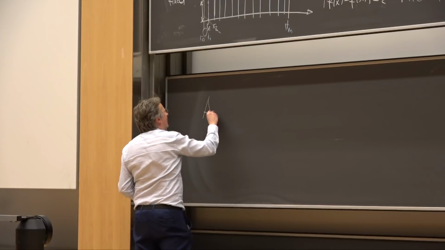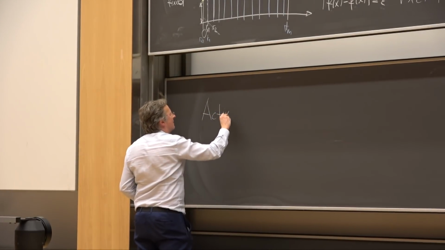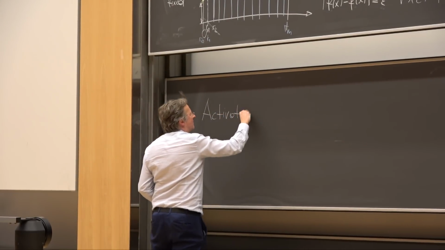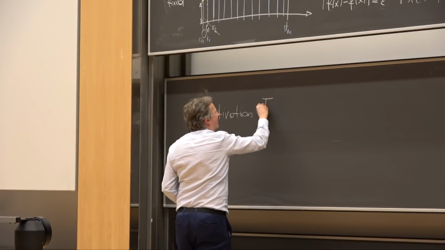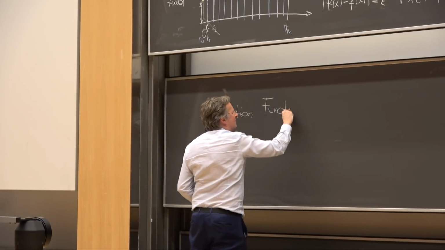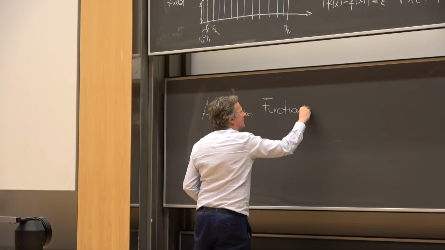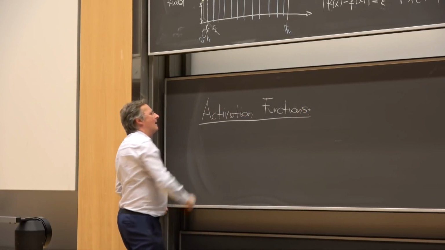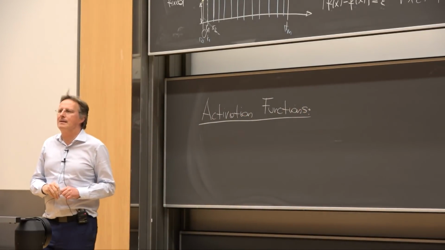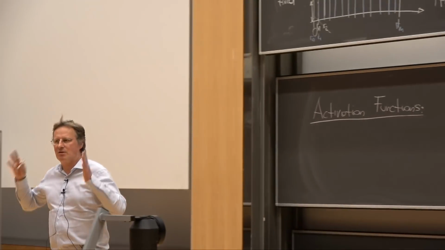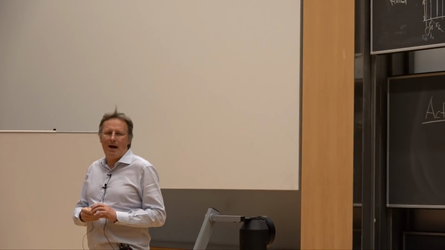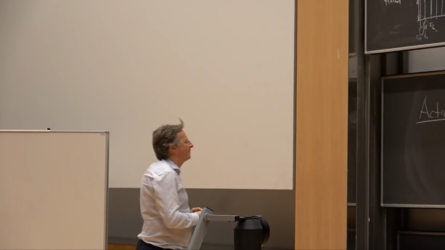There are quite a few right now. Let's just talk about the degrees of freedom that we have by choosing different activation functions. And then next Tuesday, we'll talk about some other degrees of freedom you have in terms of the structure of the graph and in terms of the connectivity.